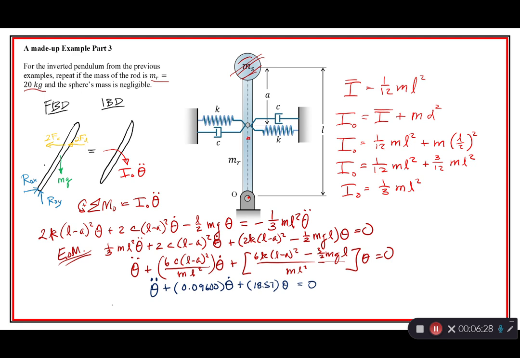And then I take my lambda, I do this substitution. Theta equals e to the lambda t. Okay, well, I could just go lambda squared plus 0.09600 lambda plus 18.57 equals 0. And then I go find the roots.